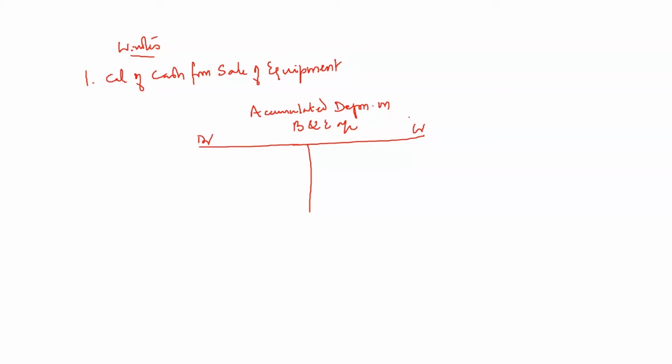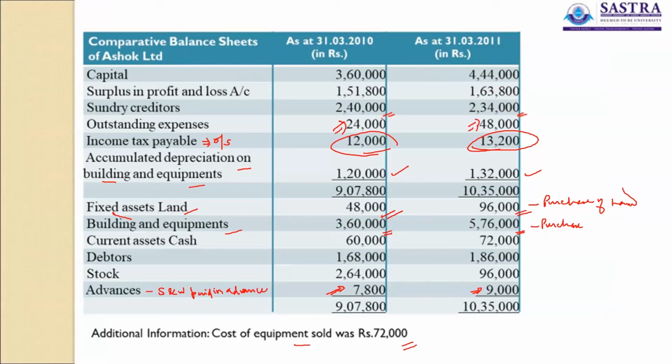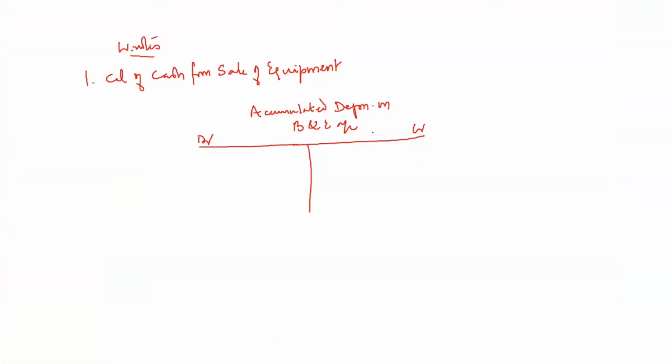So this being a liability side item of the balance sheet, the opening balance should be credited and the closing balance should be debited. So by opening balance, 1,20,000, to closing balance, 1,32,000.